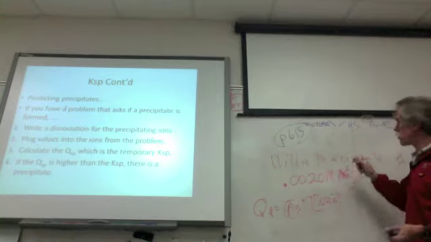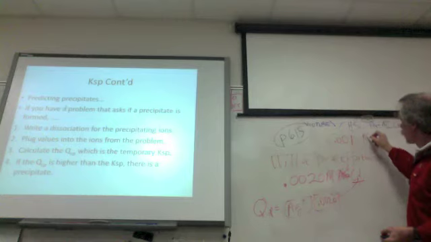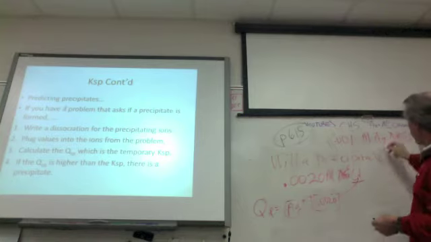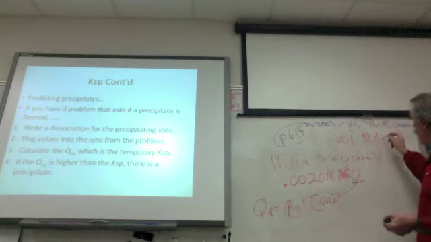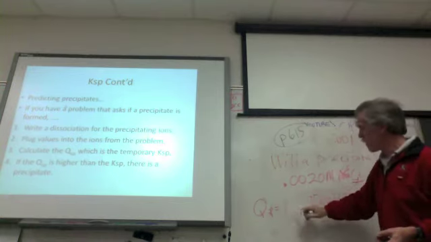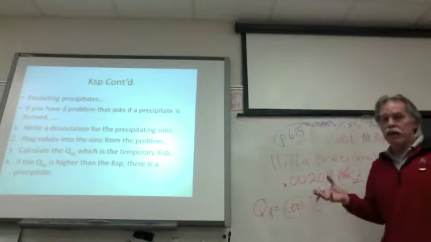Now, we look at what's the other solution. Well, I'll tell you that we had a 0.001 molar AgNO3, and you say, well, NO3, yeah, that is a spectator too, but the Ag is what I need, and it's 0.001. 0.001 is the molarity for Ag.